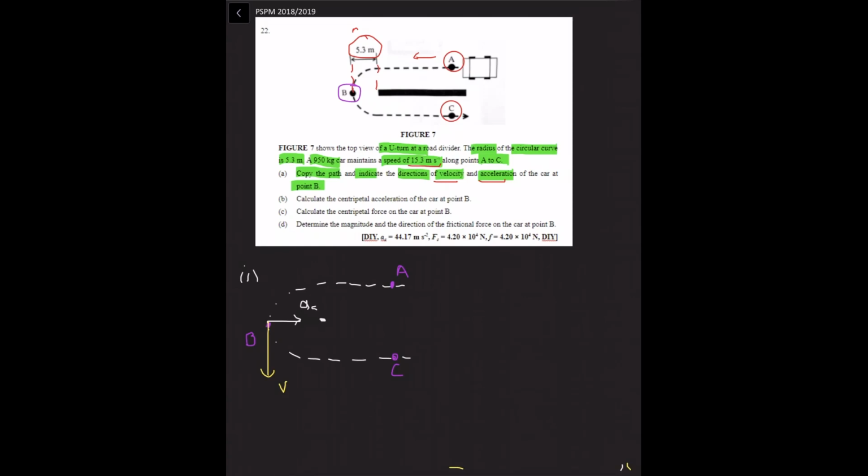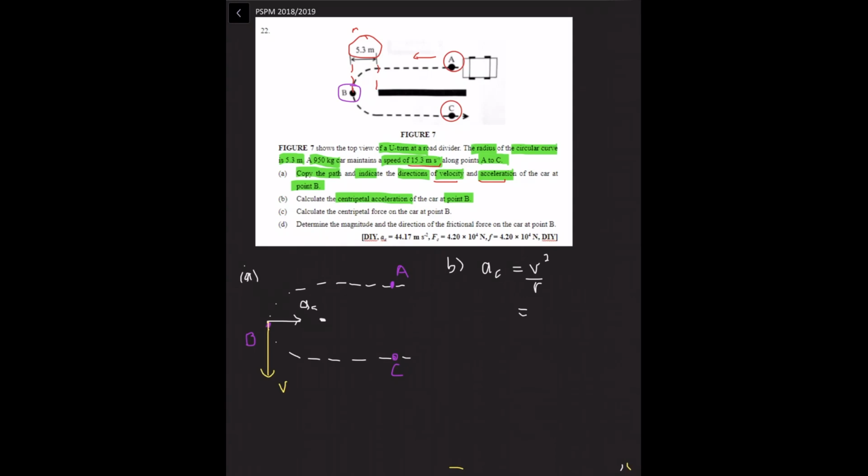That is A. For question B, calculate the centripetal acceleration of the car at point B. Centripetal acceleration is ac. What is the equation for ac? ac is equal to v squared over r.